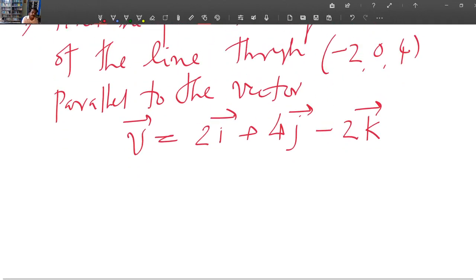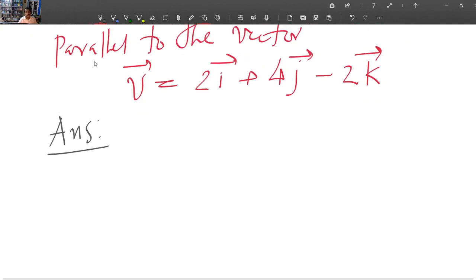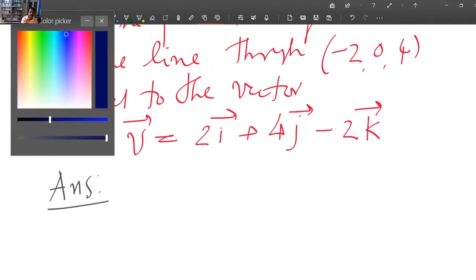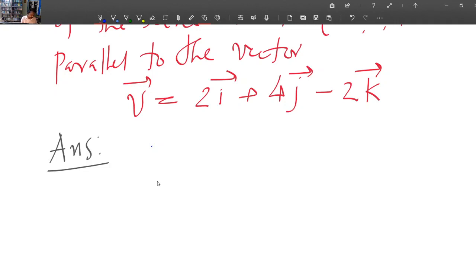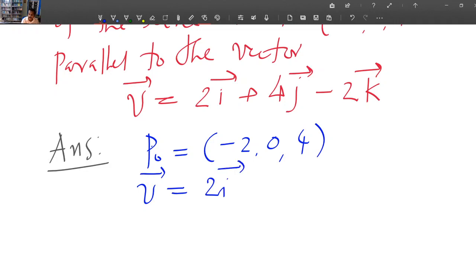So answer. What are the given things? You have the point minus 2, 0, 4, and the vector v is given as 2i plus 4j minus 2k.